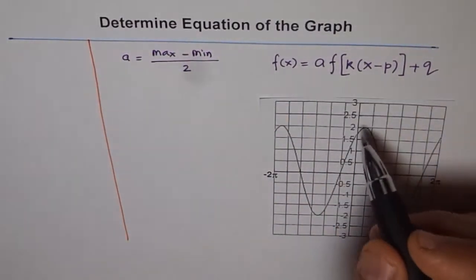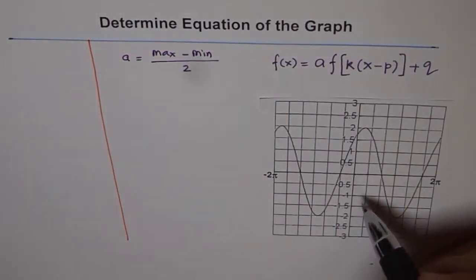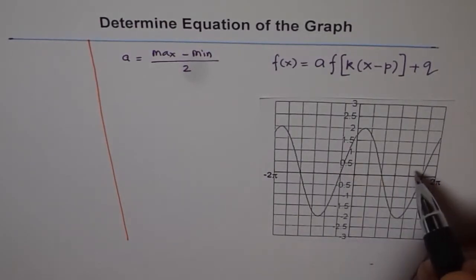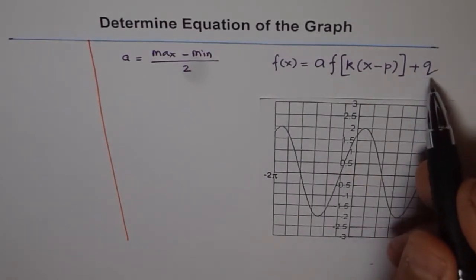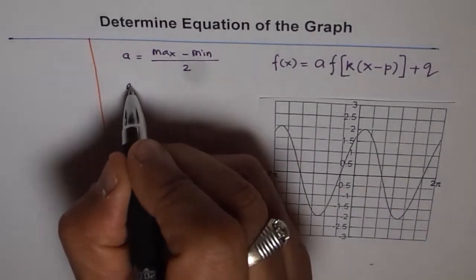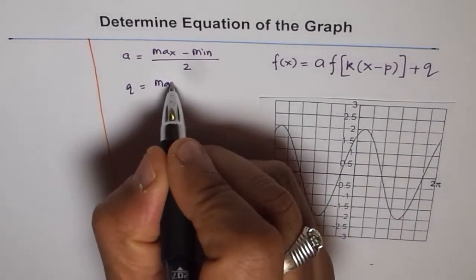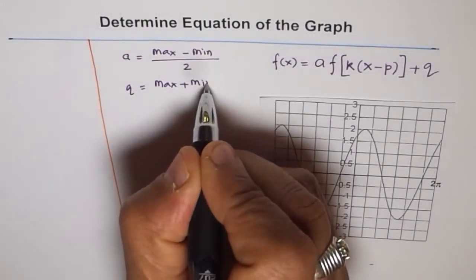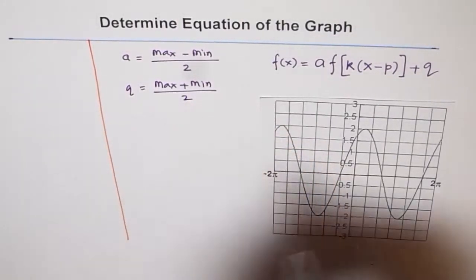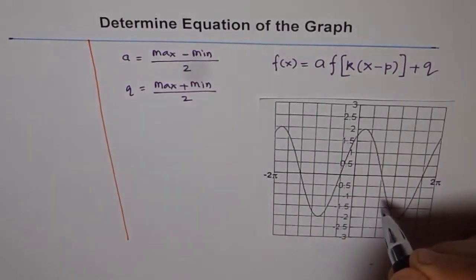Q is the shift in axis of symmetry. By how many units does it shift up or down? So q can be written as maximum plus minimum divided by 2. So it's kind of the average value of the two.